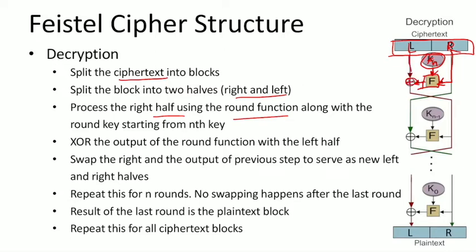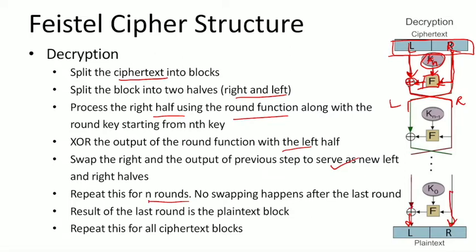And then we take the output of the round function, XOR it with the left half, just like we did in the encryption process. Right, and then we do the swapping. This output comes here and becomes the new right half, and the right half from the previous round, unprocessed, becomes the new round's left half. Okay, and then we repeat this for n number of rounds, and after the last round we don't do any swapping, right?